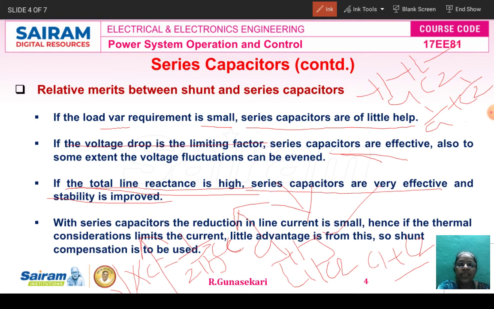With series capacitors, the reduction in the line current is small. If thermal considerations limit the current, the shunt compensation is to be used, which has a little advantage. So these are the advantages of the series capacitor over the shunt capacitors.